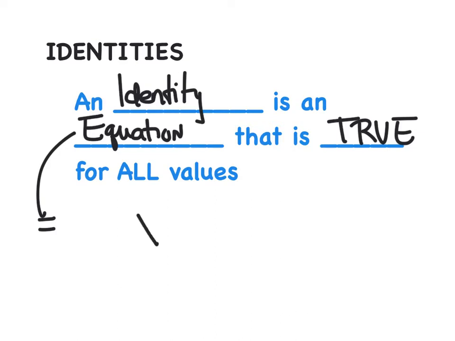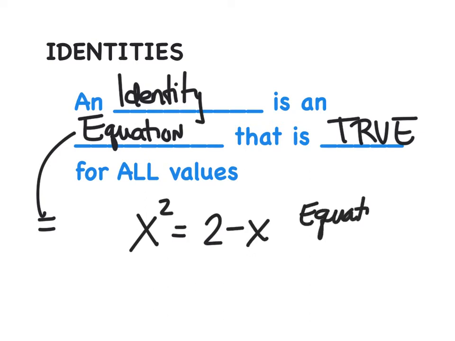So let me give you an example. x squared equals 2 minus x. This is an equation, but it is not an identity. Let me explain why. Obviously the equal sign makes it an equation. Now, it's true for some numbers, but not for all numbers.